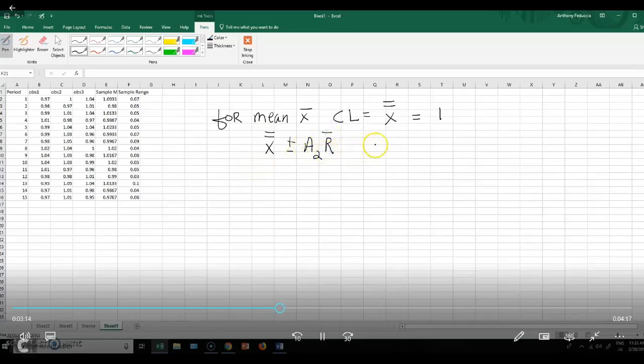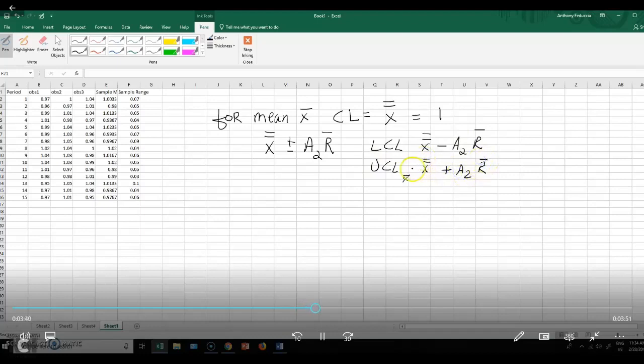So for the lower confidence limit or control limit, we're going to have x double bar minus A2 R bar. And for the upper control limit, this is for the mean now, we're going to have x double bar plus A2 R bar.